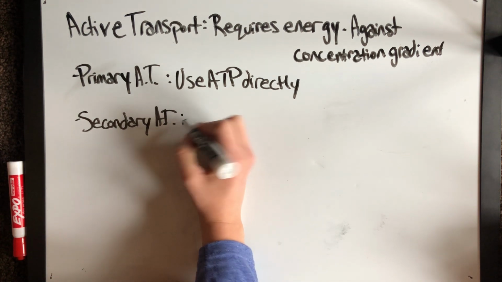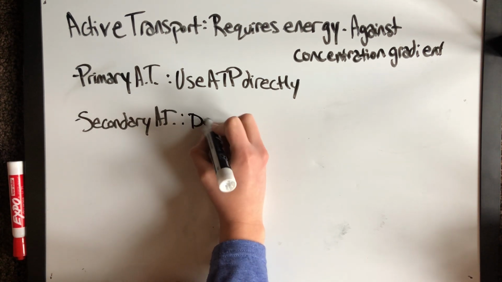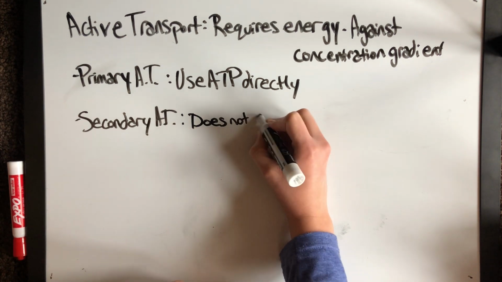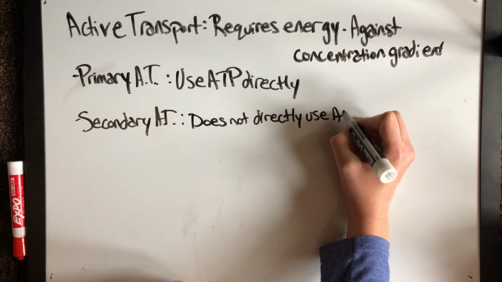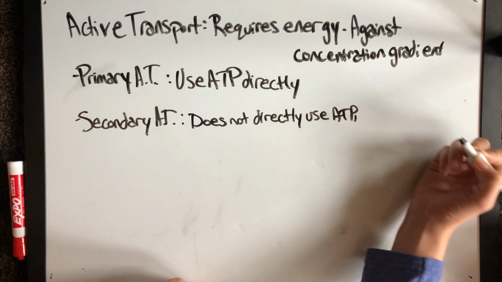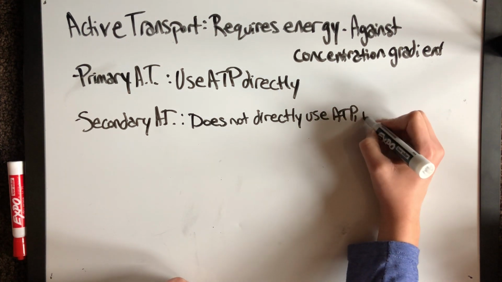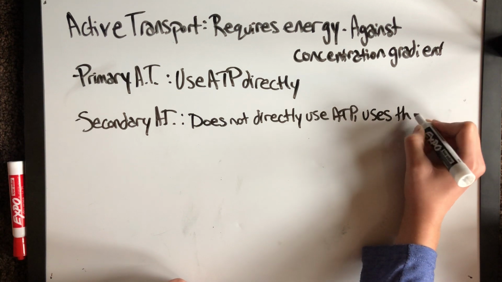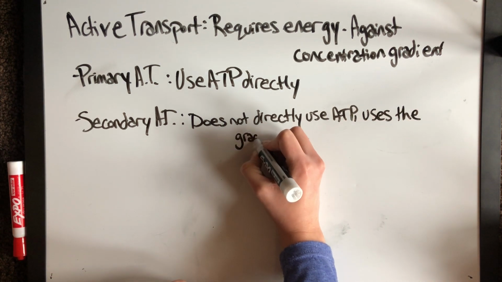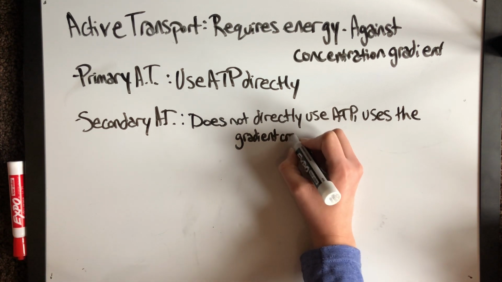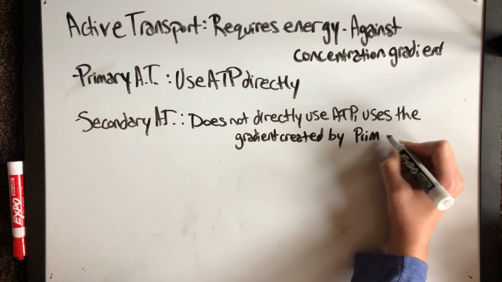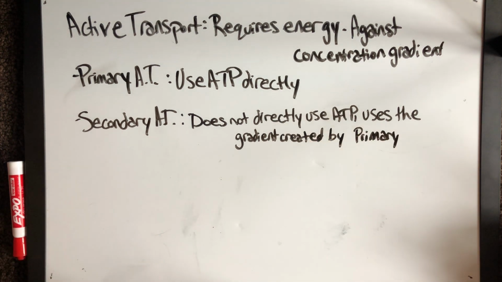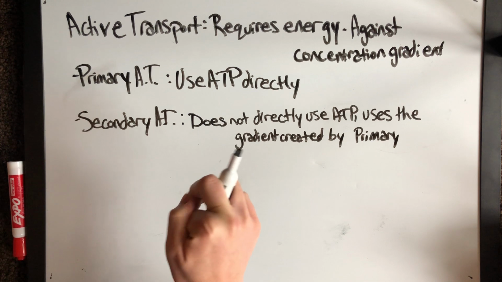So we'll say it does not directly use ATP, but it uses the concentration gradient created by primary active transport. Sweet. So those are two types of active transport.